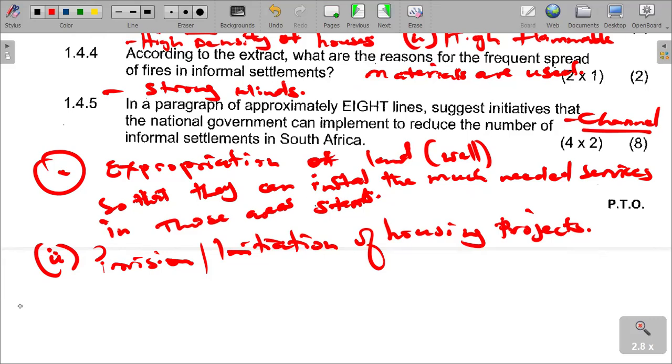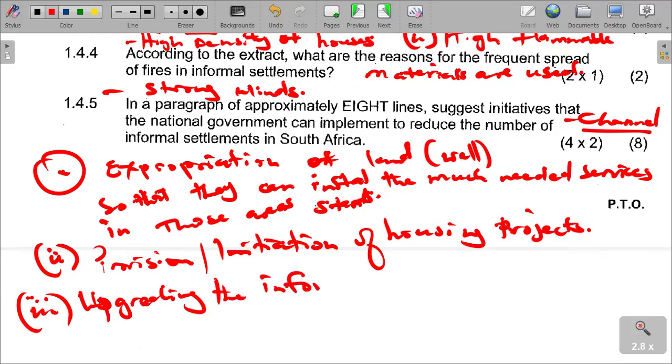We can talk about upgrading the informal settlements.